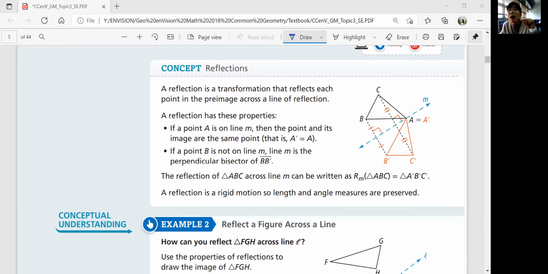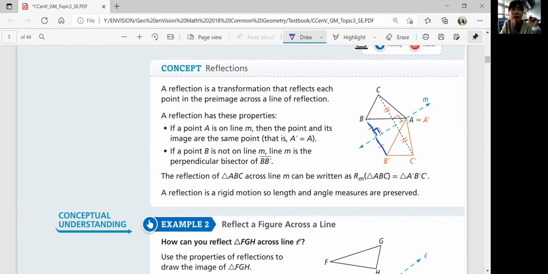If a point B is not on line M, the line M is a perpendicular bisector of B to B prime, okay? So if you draw a line that's perpendicular to the line of reflection, it should be the same distance away from your image.